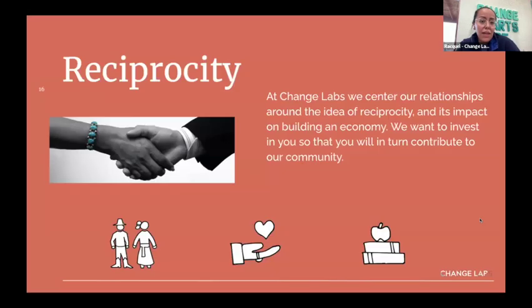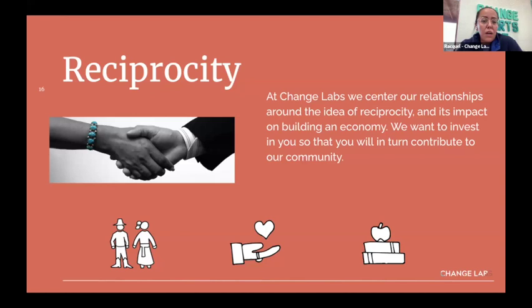And then the next slide just talks a little bit about reciprocity. Our co-founders, Jessica Stago and Heather Fleming, are constantly talking about this as well. By definition, reciprocity is a practice of exchanging things with others for mutual benefit, especially privileges that are granted by one group to another organization or another group as well.